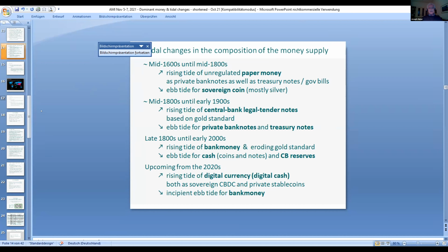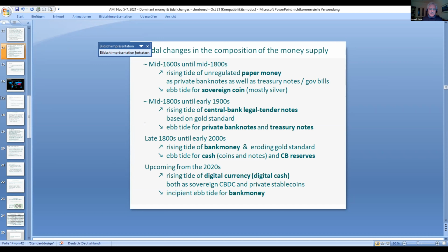And the next such tidal change was starting in 1840, 50, 60s, until the first decades of the 20th century. That was the rising tide of central bank legal tender notes and the phasing out of private bank notes and treasury notes in a different speed and a different mode in different countries.